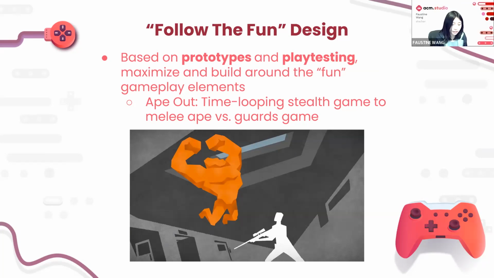An example of this is Ape Out, which started as a time looping stealth game with guns and things like that. But after playtesting, people were more interested in using melee attacks and attacking the guards. So it turned into just an ape game. It was very innovative by following the fun.